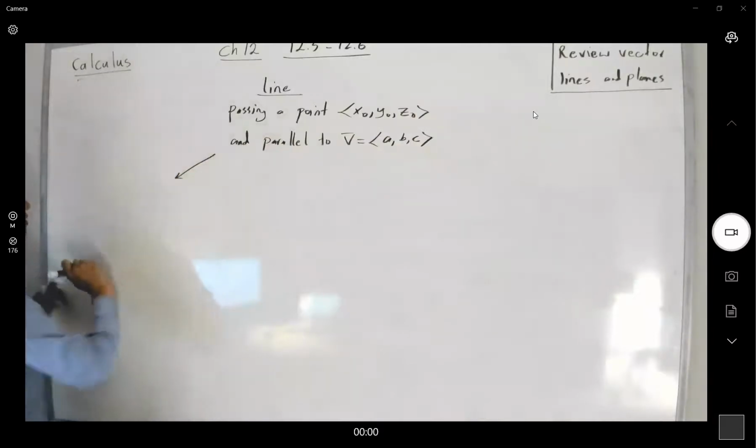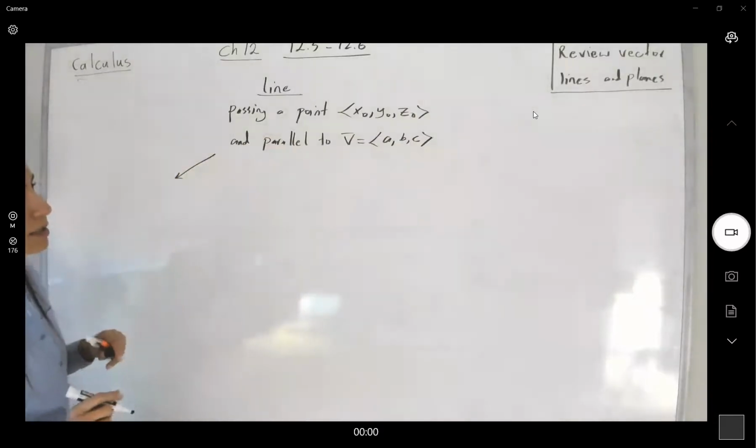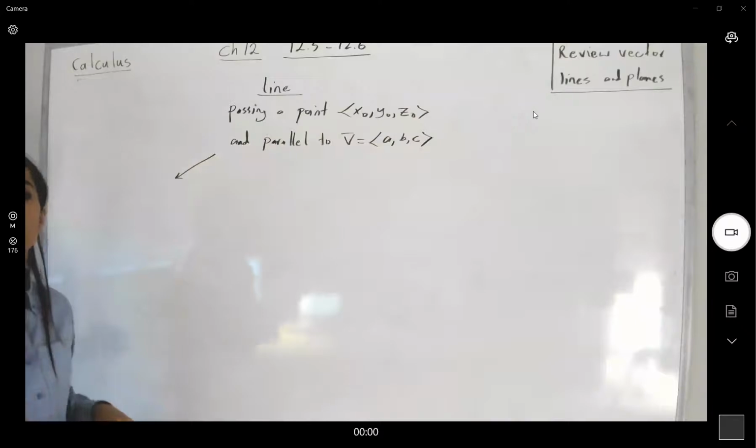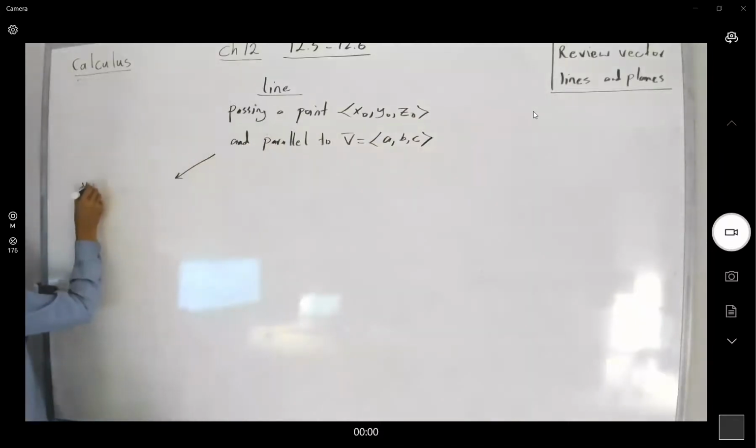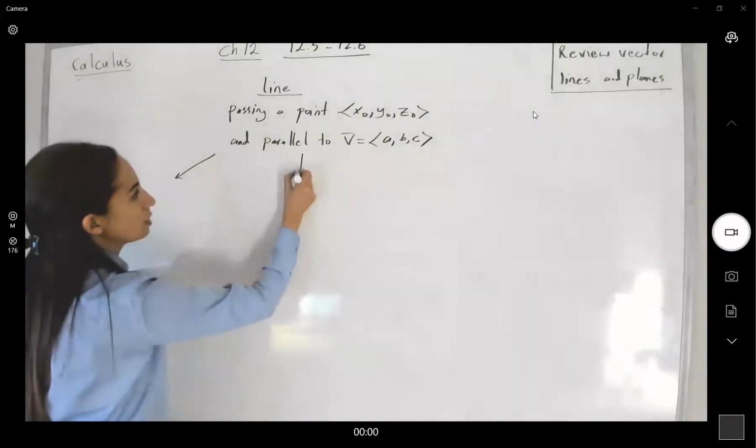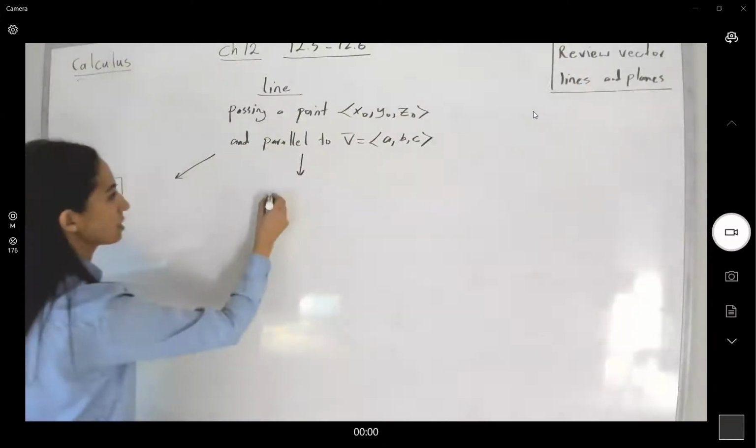First of all, the very first one is the vector representation of a line. The second one is parametric, that we just explained.